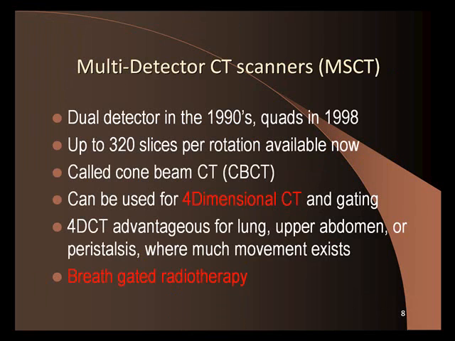Multi-detector CT scanners. Now, a single detector CT scanner creates a slice for one rotation of the X-ray tube. So for many years, as the tube rotates one time, one rotation equals one slice.